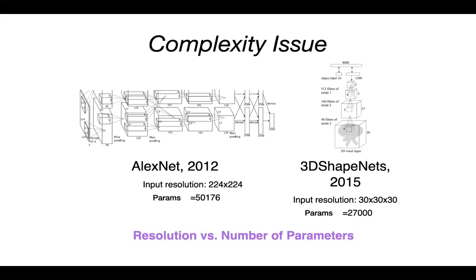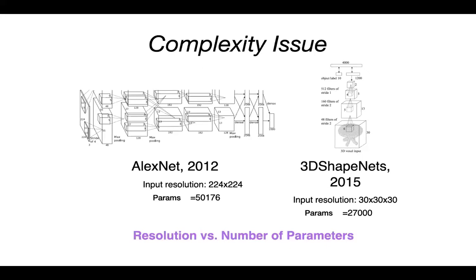And here, comparing AlexNet, which was one of the first 2D convolutional networks that has a significant size, for an input resolution of 224 by 224, it had like 5,000 parameters.